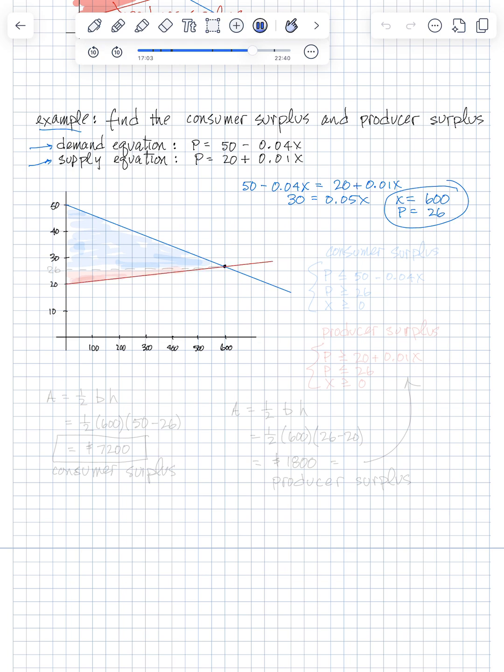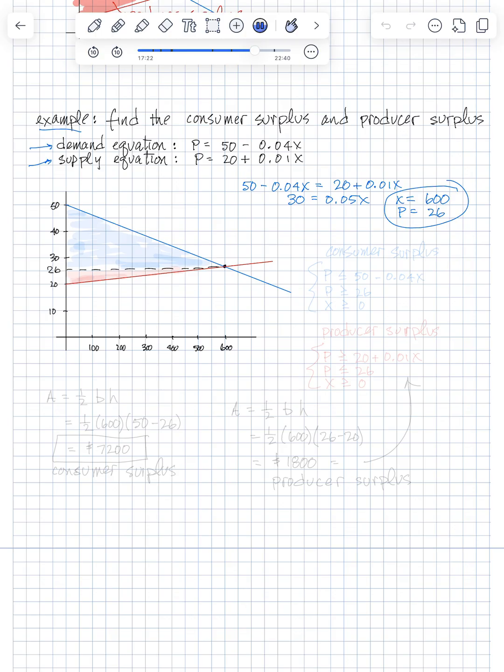And now we have to draw our dashed line at 26. So I'll just put the value 26 right there.